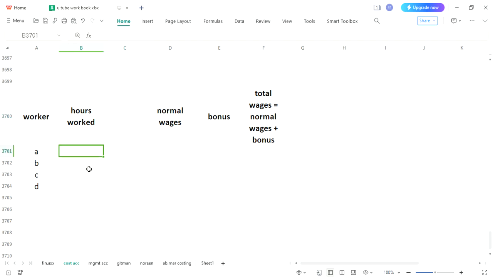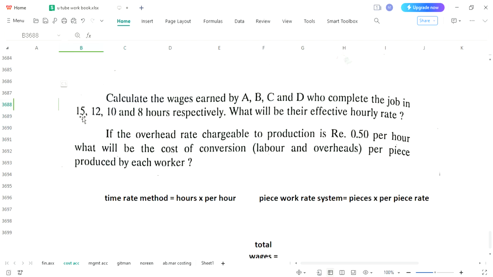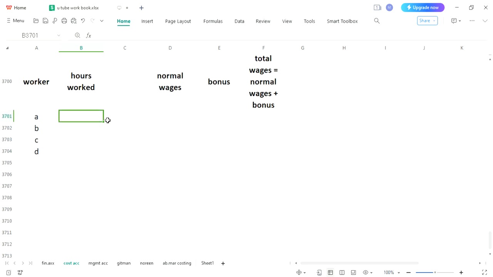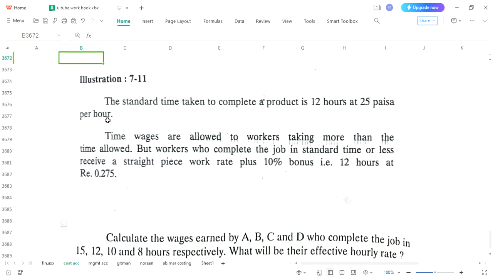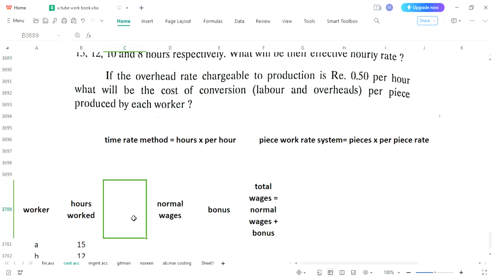The workers have taken time, we are focusing here on 15, 12, 10, 8. So 15, 12, 10 and 8 hours taken. And now we will see the standard time taken to complete the product is 12 hours. So here we will write standard hours, which is 12.